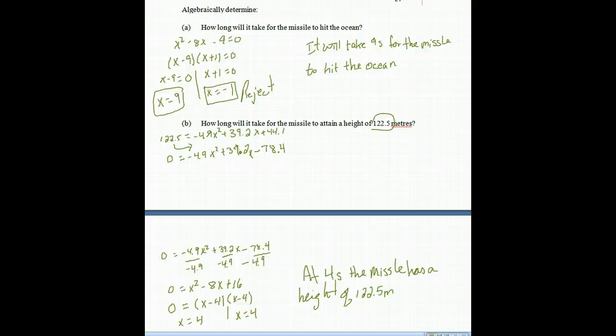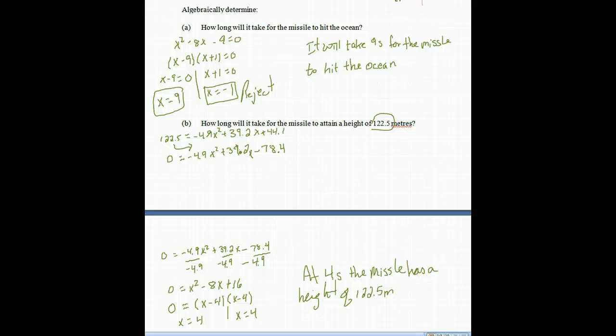And what we find is that this is the equation we have now. We brought the 122.5 across, so we get negative 78.4. Divide every term by the a value, and we're down to x squared minus 8x plus 16. So two factors of 16 that multiply to give us 16 and add to give us negative 8, and we find that the answer is 4.